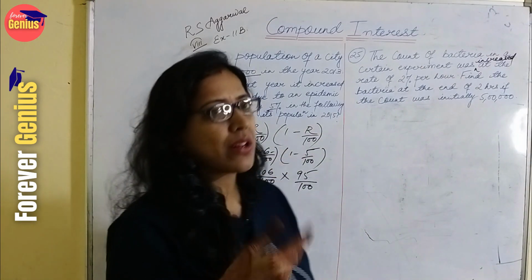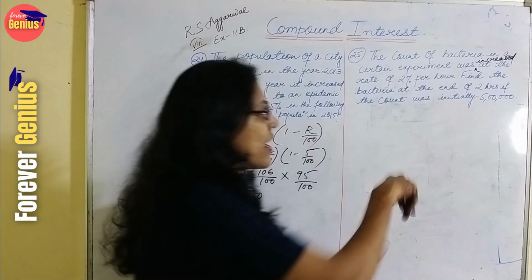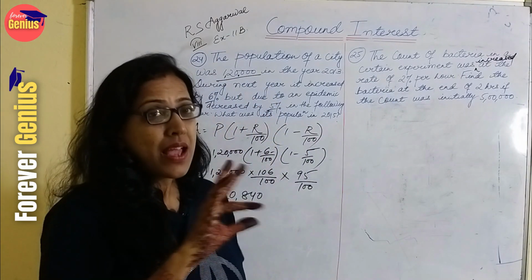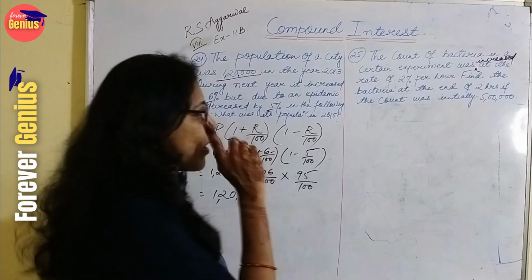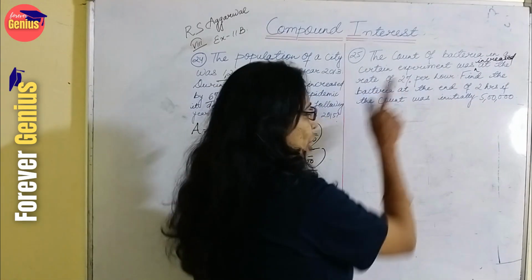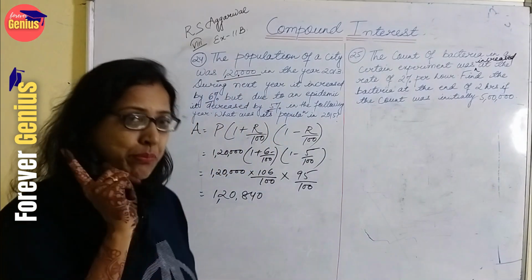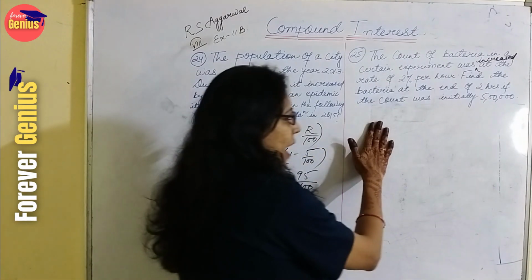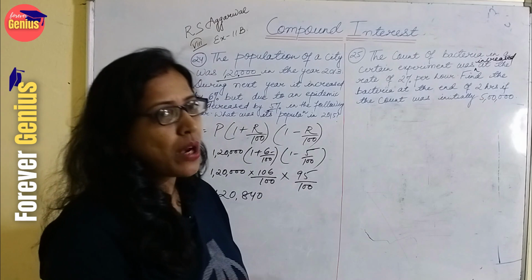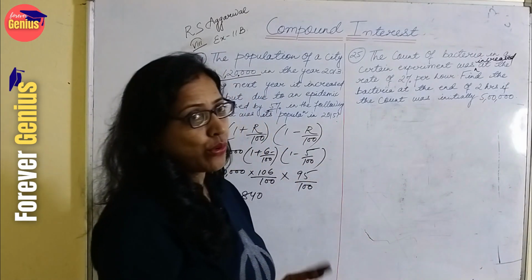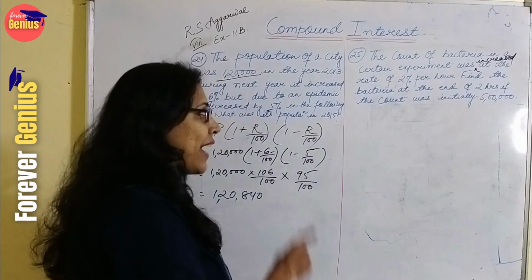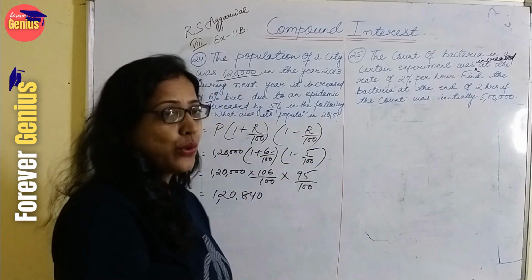Because after 1 hour, the increased 2% is added to the principal, and that also gives an increase. That is the reason we cannot apply the formula of simple interest here. But yes, we can apply the basic formula of compound interest, which we use to calculate the amount.